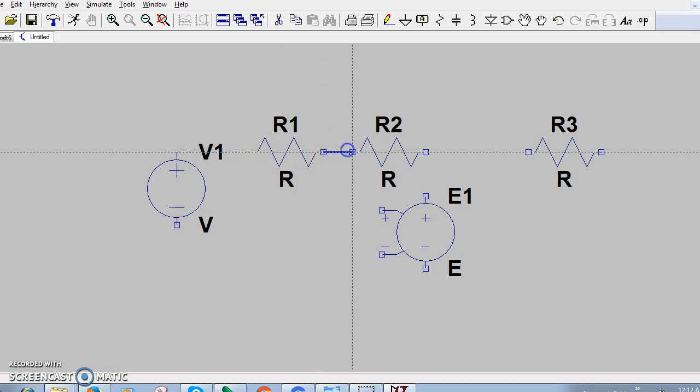Connected, connected, these two connected, these two connected.